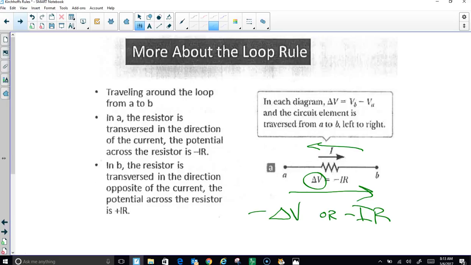If this was resistor 1, for example, I could write I1 R1. In fact, I probably would, for reasons that we'll see in a moment. But when you see I times R, you're really looking at the change in voltage.